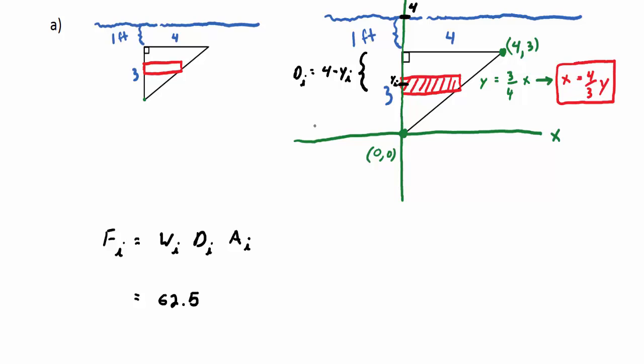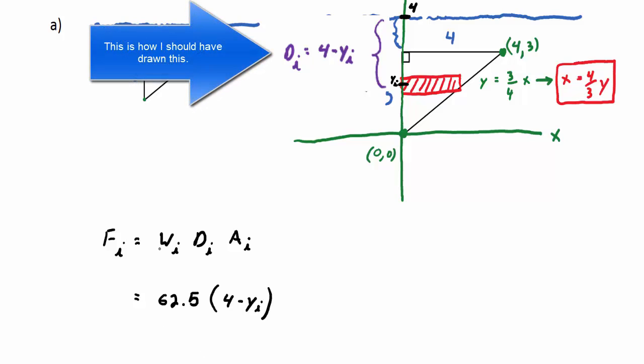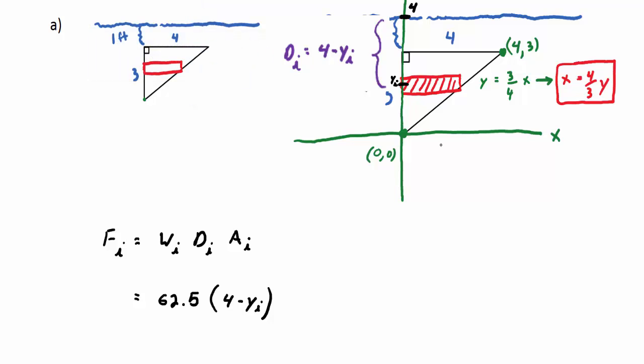That's a little tricky, isn't it? Okay, so depth is 4 minus y sub i. And so there's your w times d, w sub i times d sub i. Now the area, a sub i, is referring to the area of the ith slice. Well, okay, width-wise, going from left to right, what's going to give us that width of the ith slice?